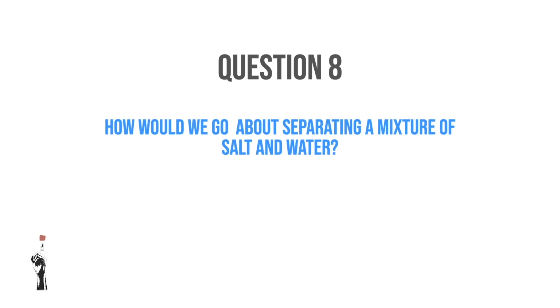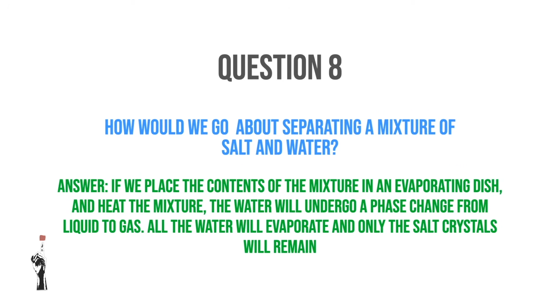Now, how would we go about separating the mixture of the two compounds, table salt or sodium chloride and water? Because this is a mixture, we would separate these two compounds based on their physical characteristics and not their chemical properties.